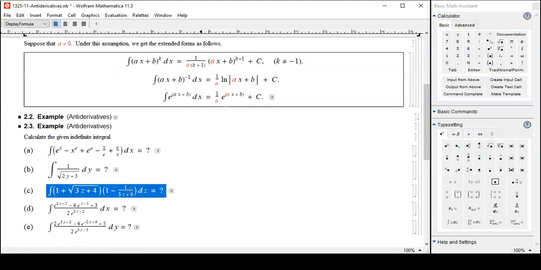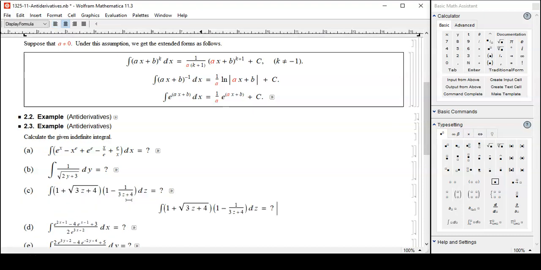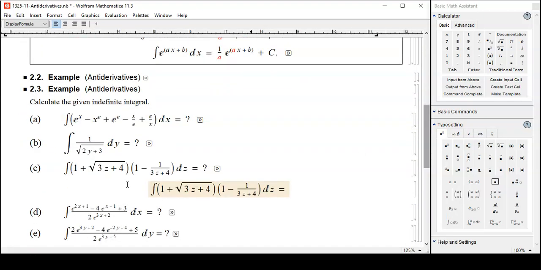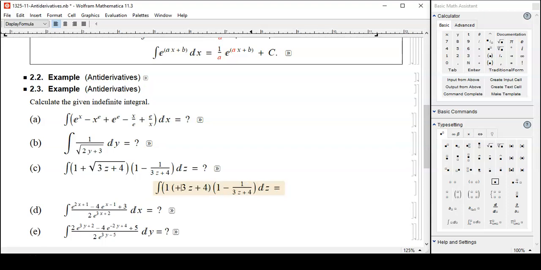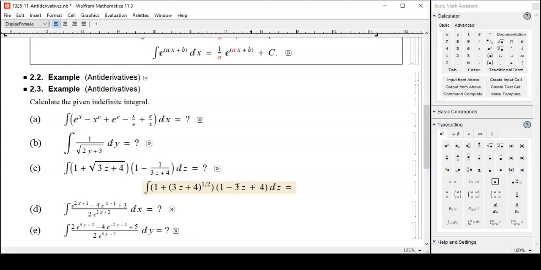How about the next problem here? We have some denominators and so on, so shall I take bigger font? Okay, all right. And this too, one half power. And now that I have 1/2 power and the 3z plus 4, this too I'll simplify as negative first power as a power form.